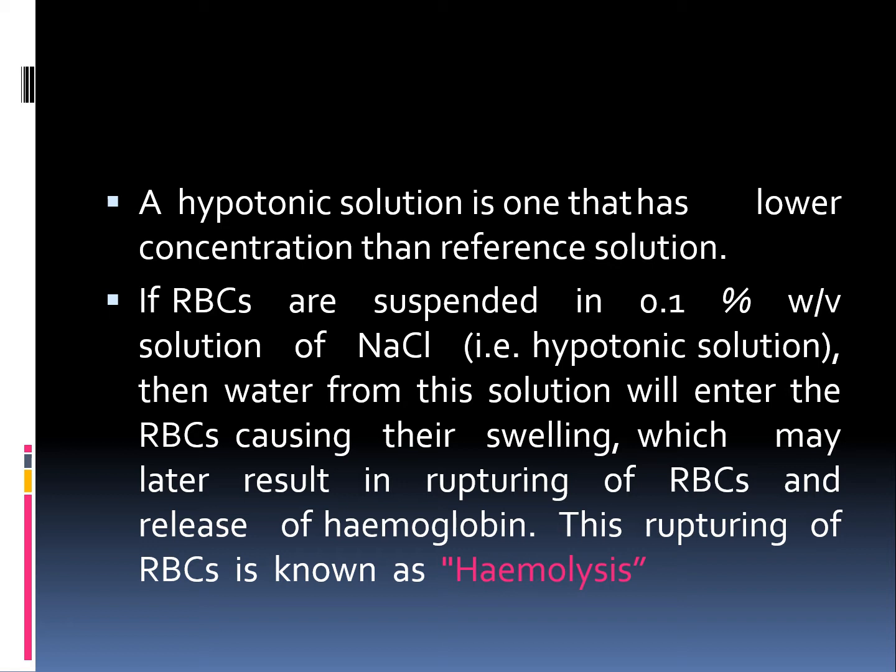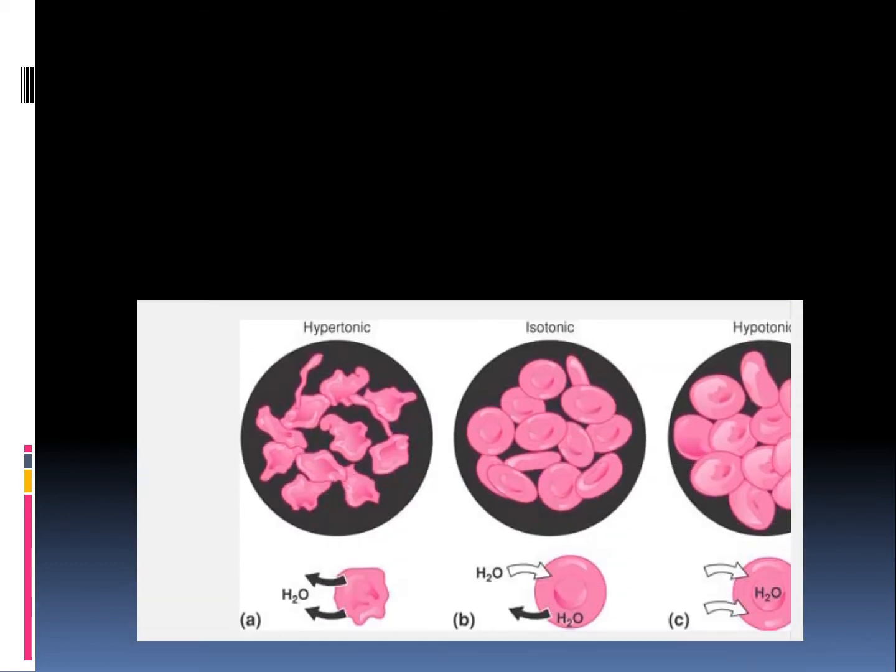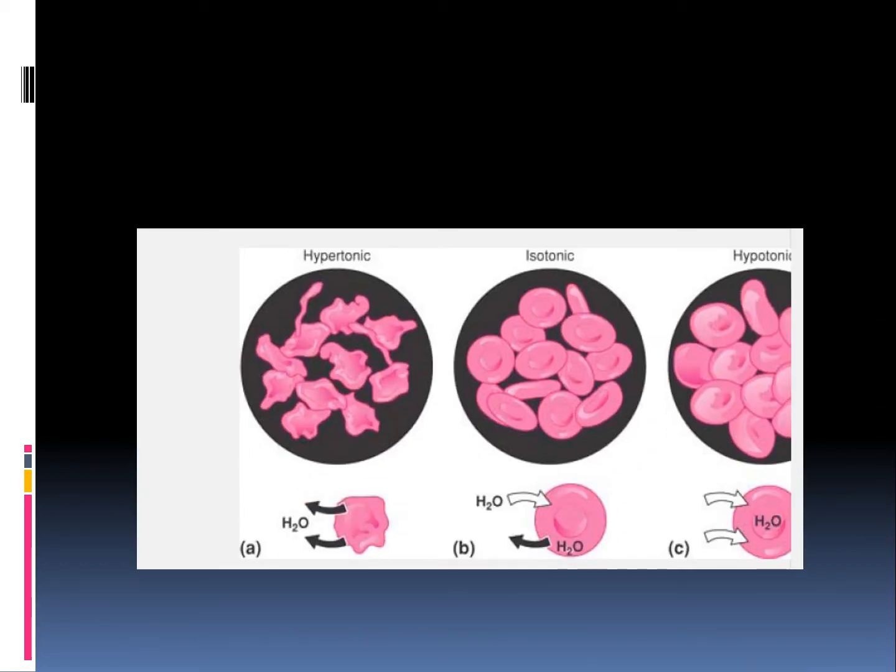So RBCs when kept in hypertonic solution will lead to shrinkage, which is also known as plasmolysis, whereas when kept in hypotonic solution, they rupture, which is known as hemolysis. You can see in the diagram, when RBCs are kept in hypertonic solutions, water is coming out.